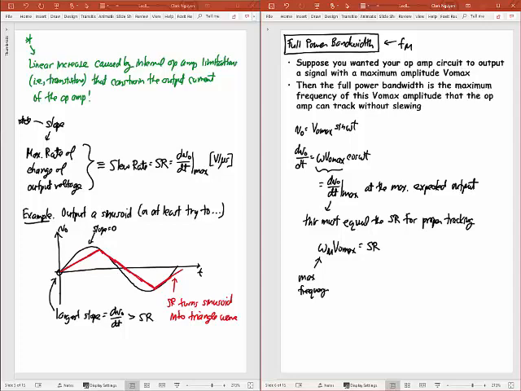So just rearrange this equation, and turning the omega into an f, so turn radian frequency into actual frequency, I can write f sub m, which is my full power bandwidth, as equal to my slew rate divided by 2 pi times V out max. And so this is an equation that decides for me my full power bandwidth.